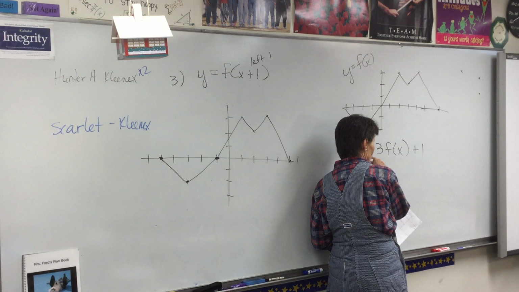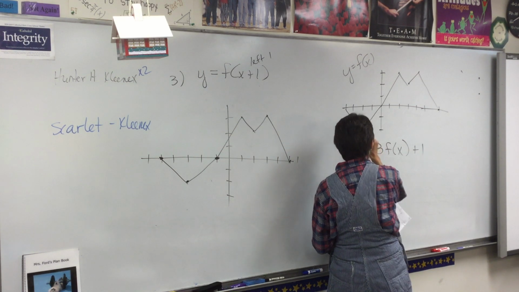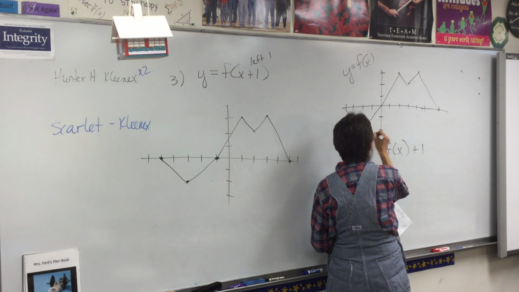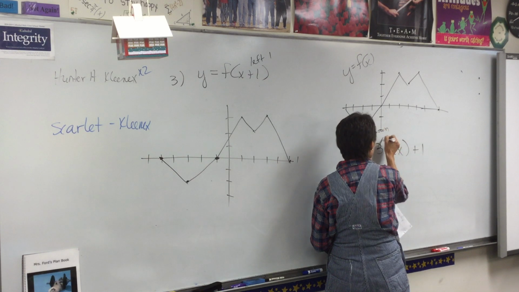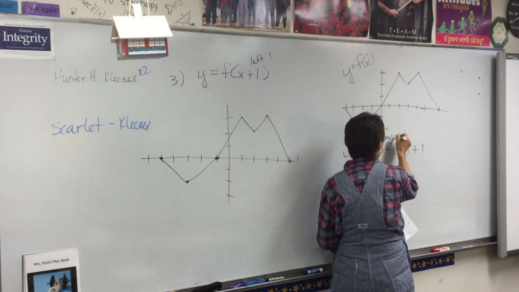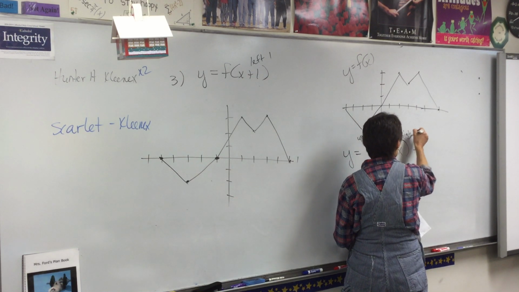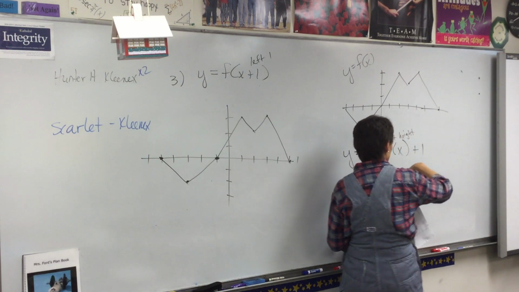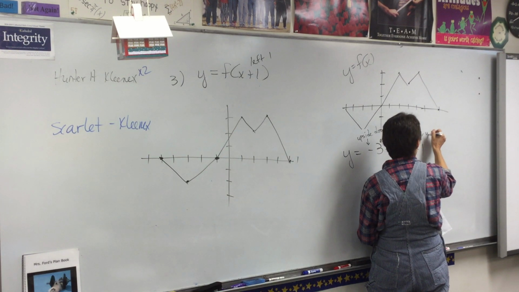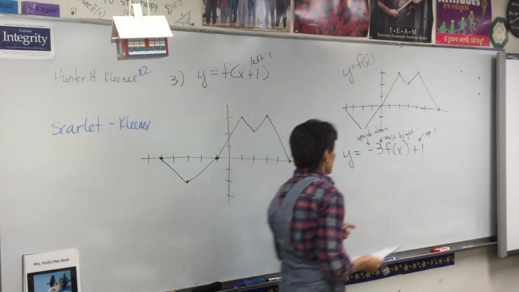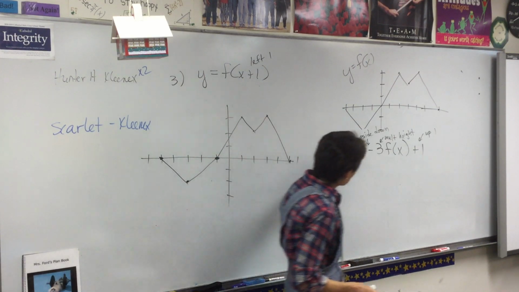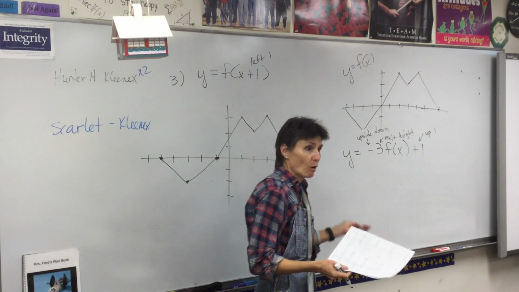What does the negative do? Just the negative. This is going to go upside down. But then, yes, you're right. The 3 is going to multiply the height. And then what does the plus 1 do, Bryce? Up 1. Very good. So, really, guys, if you can keep track of all that, you can draw this.